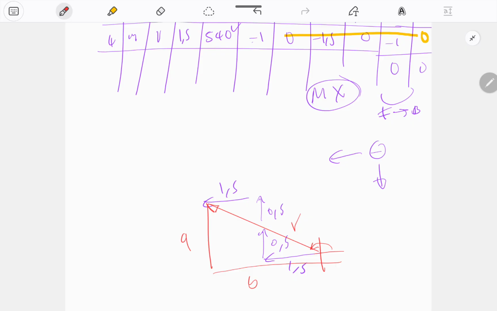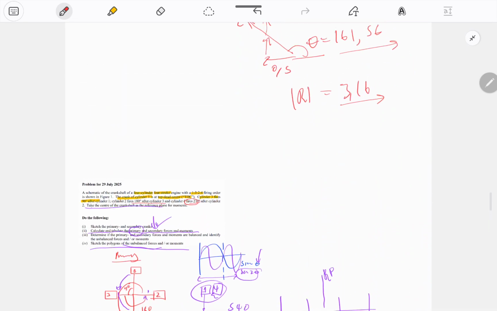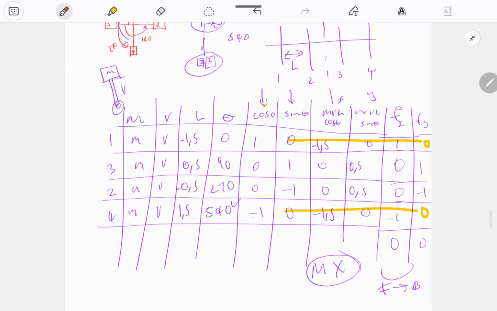But for now, let's just say the answer is, okay, let me go. If you use this method, it's going to give you this angle. Remember, you want an angle like that, so you have to subtract 180 from it. For secondary, you're just going to take this angle. It's going to be 0, 180, 540 onwards, and then you do almost everything the same as I did. Thank you.